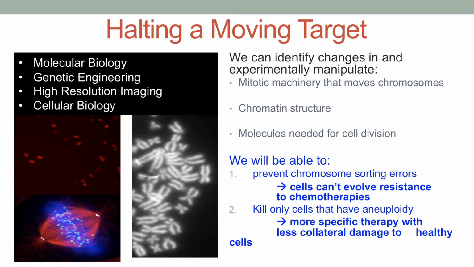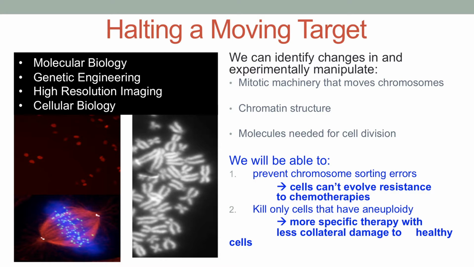We can make movies, shown here, of cancer cells going through cell division, both in the presence and absence of chemotherapeutic agent, and ask questions like, how are these cancer cells different than their normal counterparts? We can look carefully at the chromatin structure itself, at the molecules that are involved in associating these chromosomes with the spindle machinery that's responsible for segregating those chromosomes.